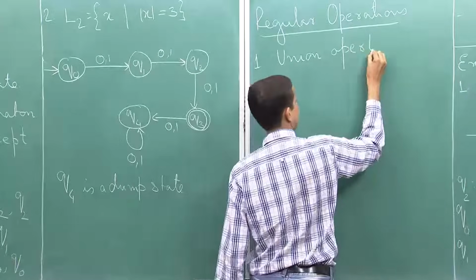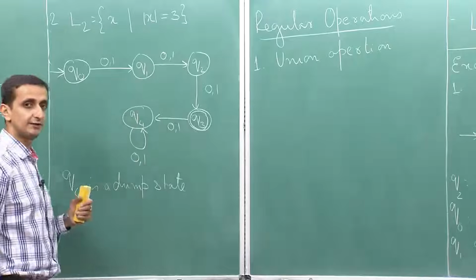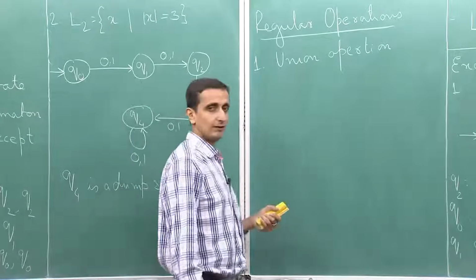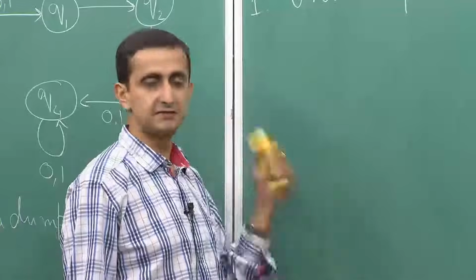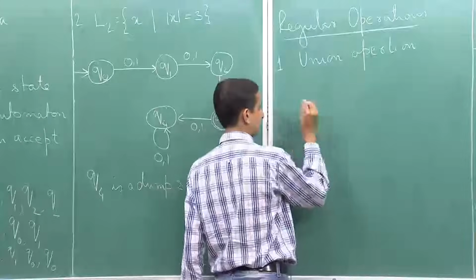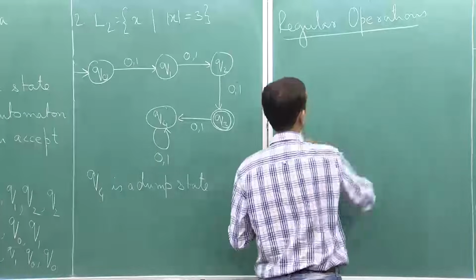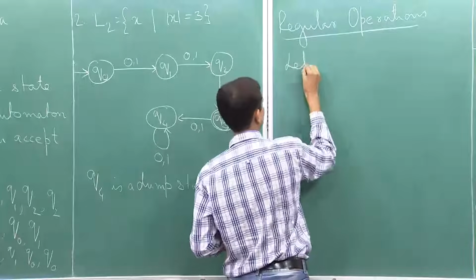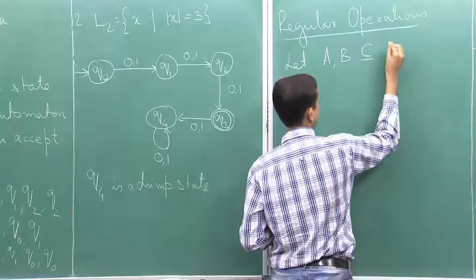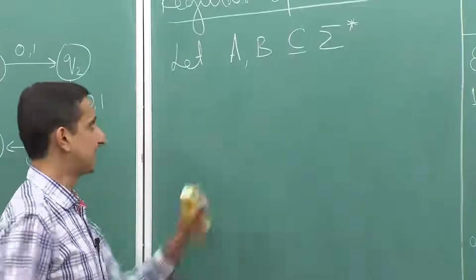These operations are something that you have seen even in middle school, but in the context of languages, nevertheless we will define it. Before I define it, let me just mention one thing. Let A, B be two languages. They can be languages over any alphabet sigma.